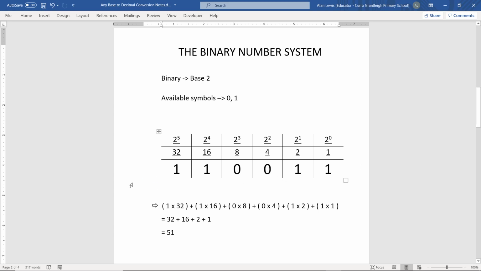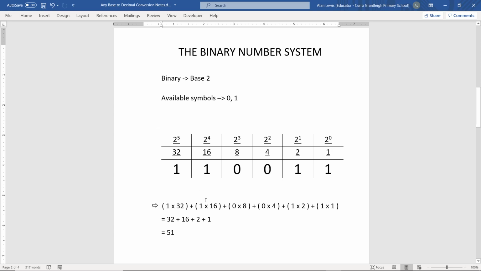So let's break this number down, just like we did with the decimal. So we can see that we have got 1 times 32, there it is there, plus we've got 1 times 16, there it is there, plus we have got no 8s, there you can see it, 0 times 8, plus we have got no 4s, 0 times 4, plus we have got 1 times 2, plus, and we have got 1 times 1.